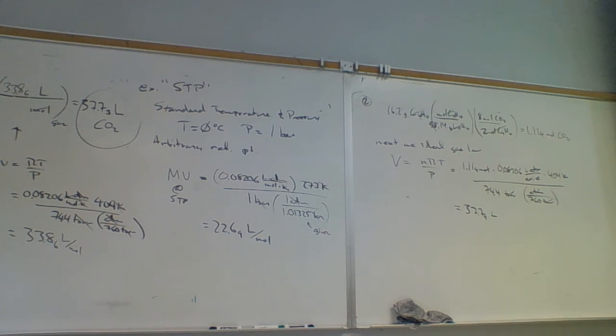Okay, the other method is to stop at moles of CO2 and use the ideal gas law. And so we redo the calculation, calculate the moles of CO2, and then plug that into the ideal gas law. Yeah, so they calculate 1.11, I got 1.114, and then they plug it in and they get 37.6, I got 37.7. Is that clear? Yes.